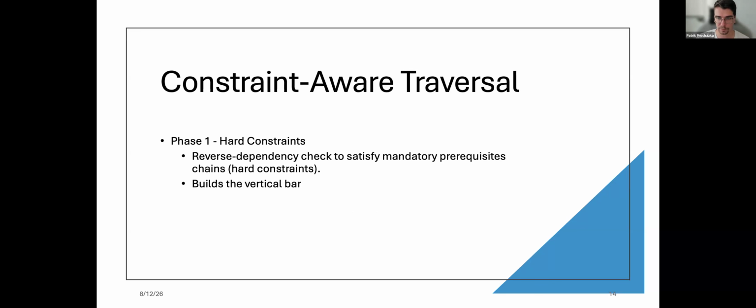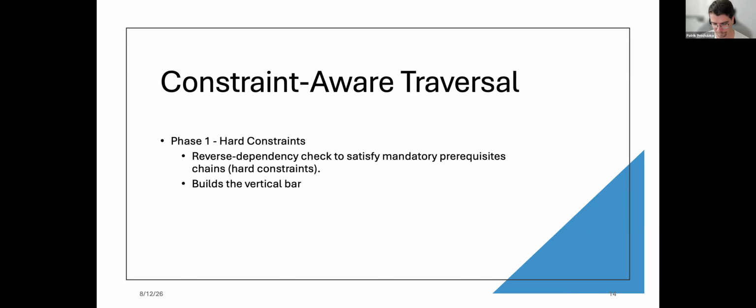The traversal is constraint aware, and that means the hard prerequisites set by the university have to stay, right? To have some order in the courses.